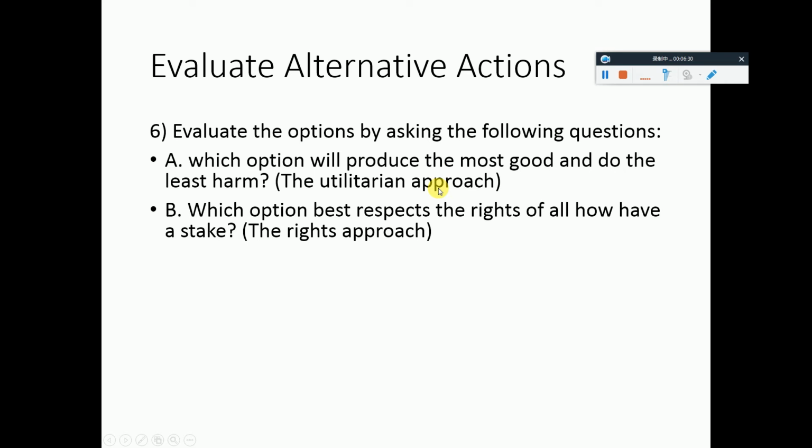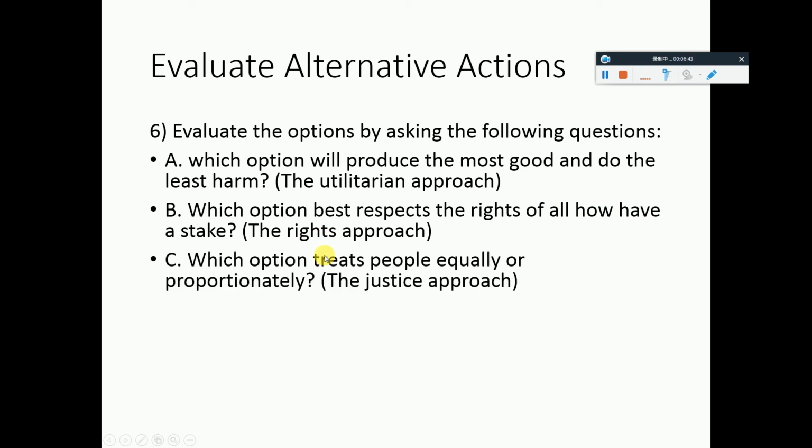We can also ask ourselves, which option will best respect the rights of all those who have a stake? And this will be the rights approach. We can also ask ourselves, which option treats people equally or fairly, right? This will be the justice approach.